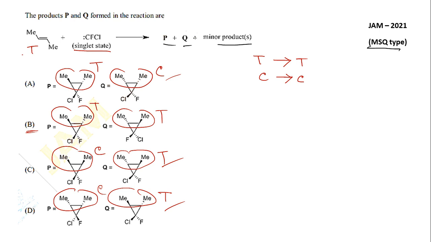So this must be maintained. Though it is MSQ, basically only option B will be correct. So don't make the solution so complicated by considering the stereochemistry of this carbon also, because that is not required. Just on the basis of this information, because it is the singlet state, we can reach the correct option, which is option B.